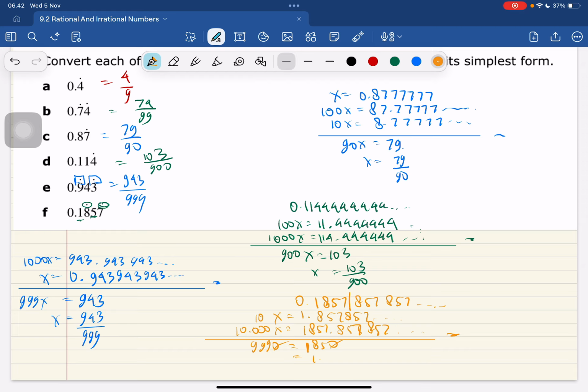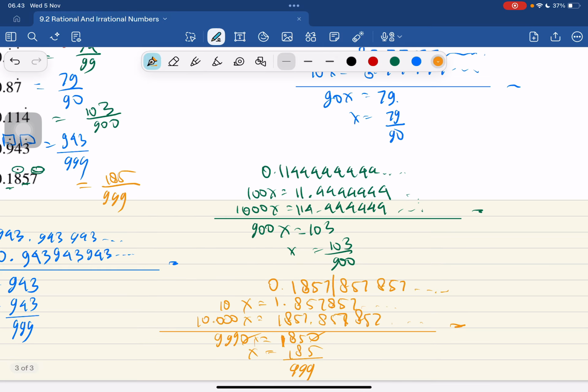Yeah, 185, so this is x over 999, so 185 divided by 3. Okay, so this is the simplest form. 185 divided by 999. So you can recheck the answer again.